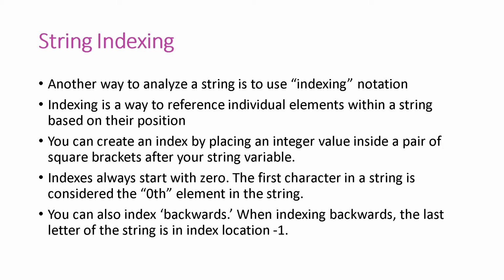Let's dive into this index location a little bit more. Let me draw for you how it works. Let's consider the word program. Now let's say this word program is a string variable, and we've assigned it to the value of, for our purposes, x.